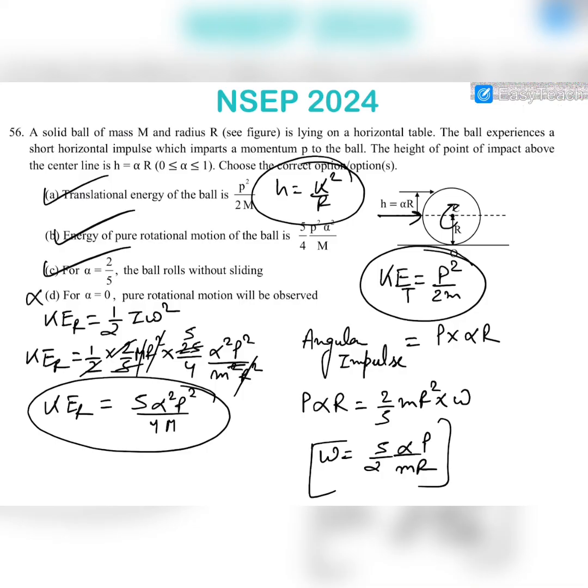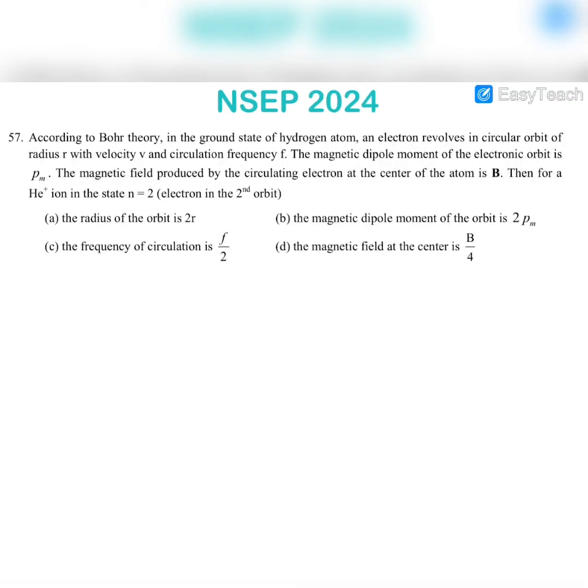Now let's move on to the next question. In this question, according to Bohr's theory, in the ground state of hydrogen atom, the electron revolves in a circular orbit of radius r, and the velocity of that electron is v. The circulation frequency is f, and the magnetic dipole moment of the orbit is pm, which we know is the Bohr magneton, mu b.